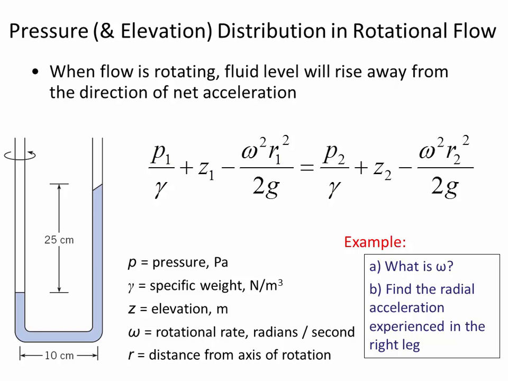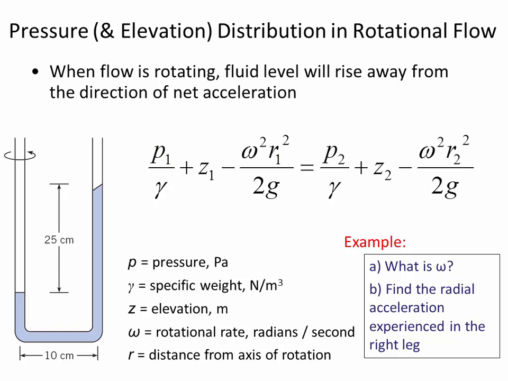P2 is 0. So all we're left with after canceling out various terms is Z2 equals omega squared R2 squared divided by 2g. We're trying to find the rotational rate that's causing this deflection. What would cause a deflection of 25 centimeters?